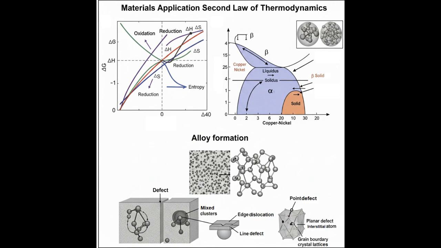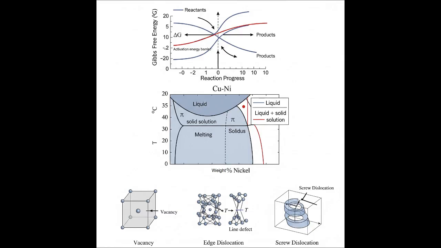This law is indispensable for materials scientists, allowing us to predict whether a reaction or phase transformation is feasible, understand the driving forces behind alloy formation, and explain the presence and behavior of defects in crystalline materials.